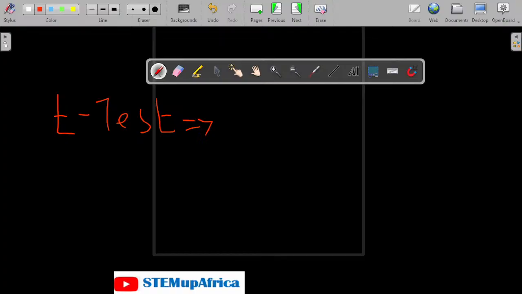Then the ANOVA, please, you can write them. Number 2 is the ANOVA.